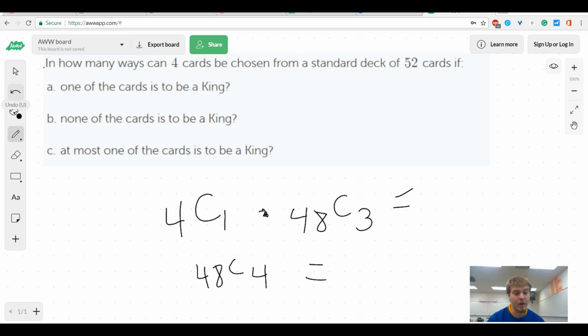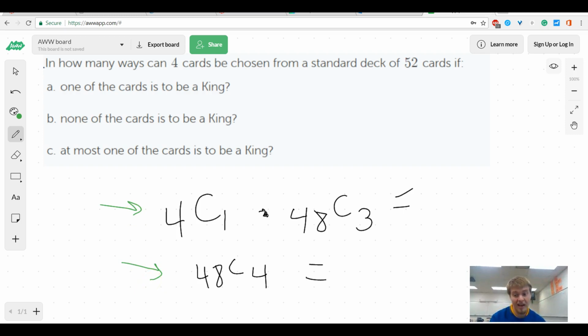And then they go, at most 1 card is a king. So if you think at most 1 card's a king, that means there's no kings and there's 1 king, which means we already did 1 king, because this is the number of ways for 1 king right here, and this is the ways for no kings right here.